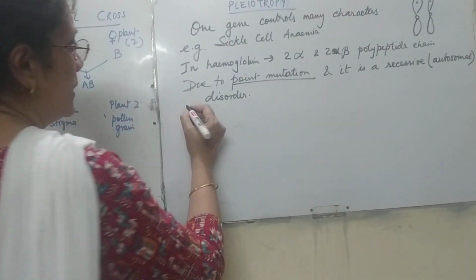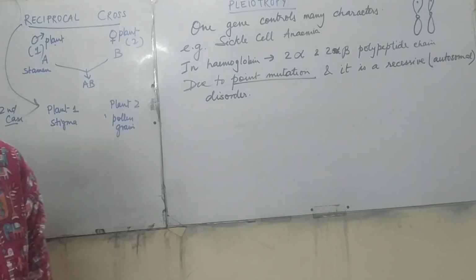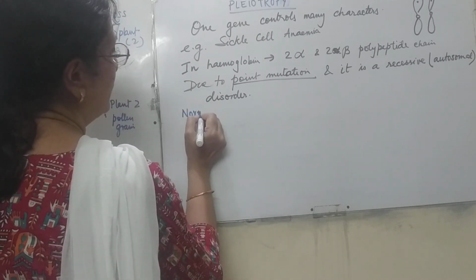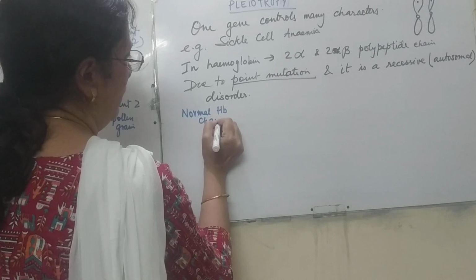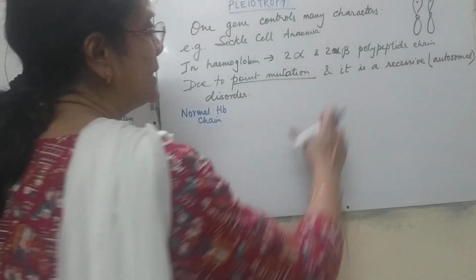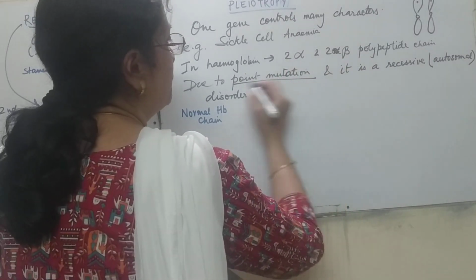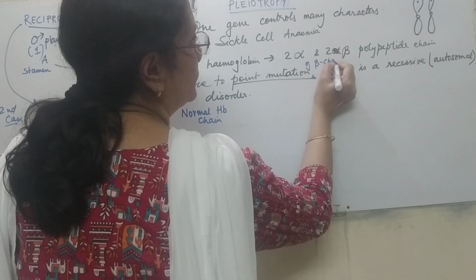Now what are these two alpha and two beta polypeptide chains? Let us try to understand this way. A normal hemoglobin chain, and since the change is happening in the beta chain, the point mutation is in the beta chain.